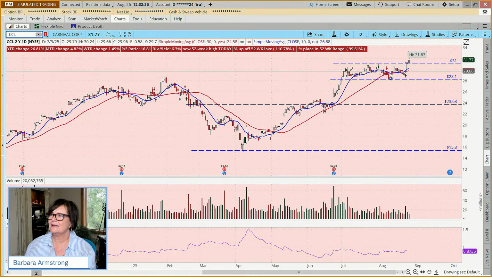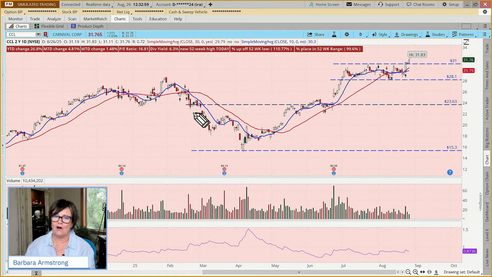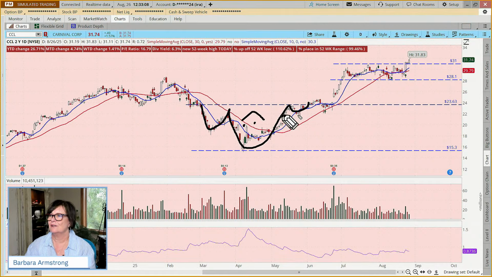Now, what have we seen happening lately? It's come up and hit once, twice, came up into the neighborhood a third time. It's been kind of consolidating, hasn't it, after this nice run to the upside. And here, when we got to April 8th, which was a low point in the market for many, many stocks, we saw for a while, like all the cool kids seem to be doing these either cup and handle or inverted head and shoulders.